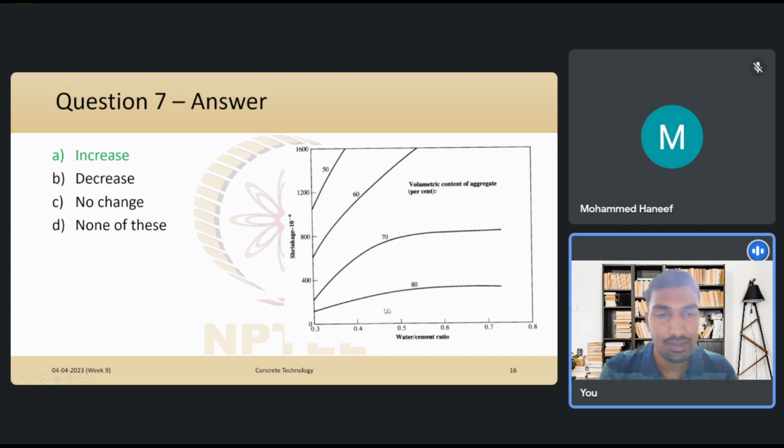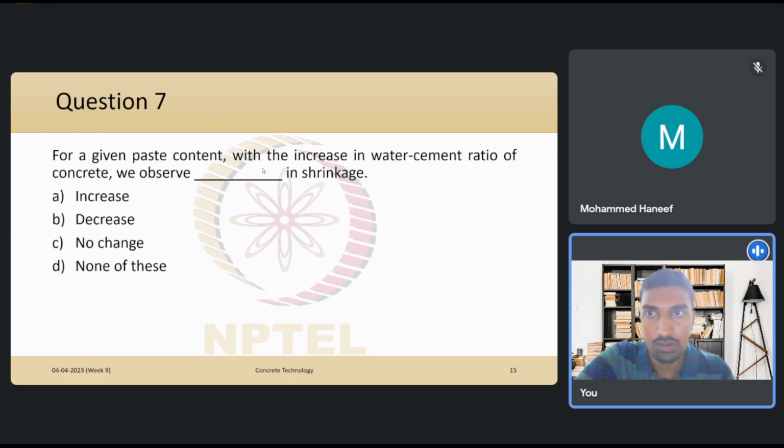What we see is that as the water to cement ratio increases, the shrinkage increases, right? Why is that? Because when you have a higher water to cement ratio, when the paste content is fixed, it means that you have more water. When you have excess water, it is not going to be completely used for hydration.